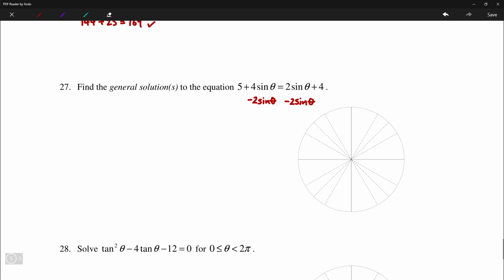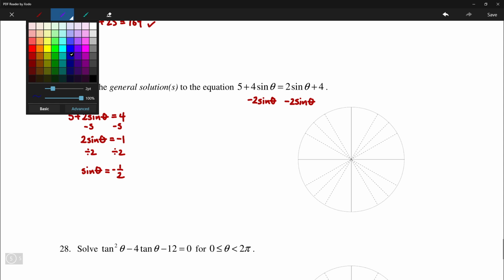So that will give us 5 plus 2 sine theta is equal to 4. That means 2 sine theta is equal to negative 1 if we subtract 5 from both sides. And from there, we can divide both sides by 2, of course. So this really just boils down to sine theta is equal to negative 1/2.